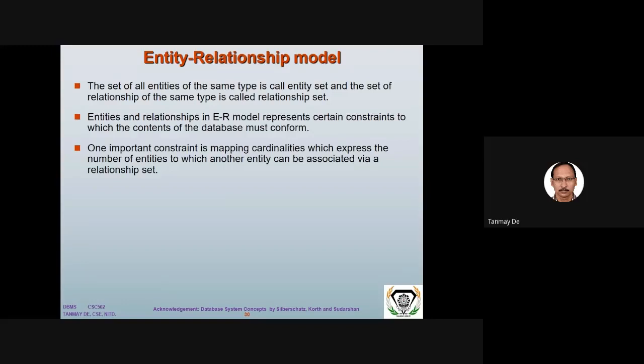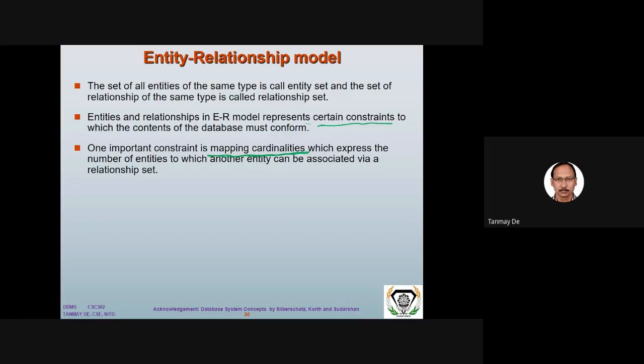Another important point: entities and relationships in the ER data model represent certain constraints to which the content of the database must conform or satisfy. One important constraint is the mapping cardinality. The details of the mapping cardinality we can discuss when we talk about the details of this chapter.